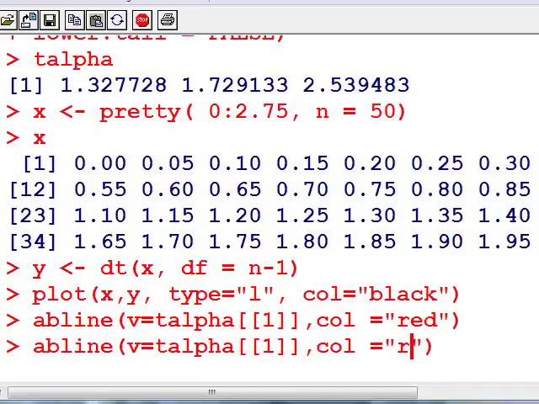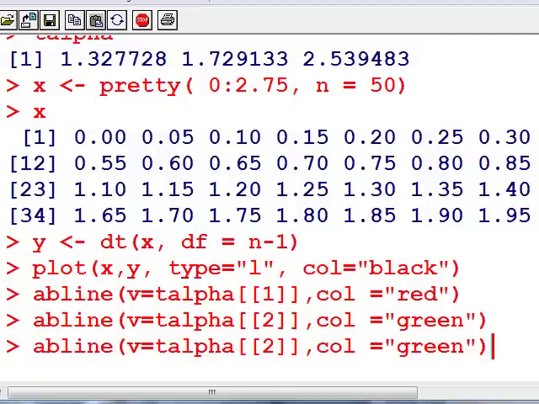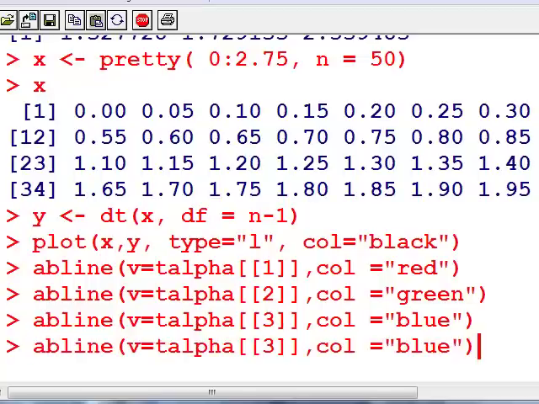We'll make the next one green for no good reason. And this will be T alpha 2. Okay, we want to put the third one on there. Blue. And that will be the T alpha 3.